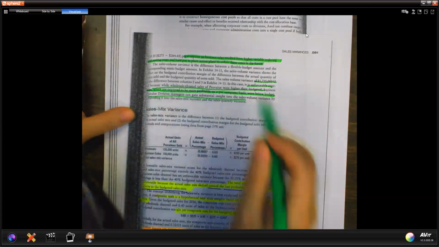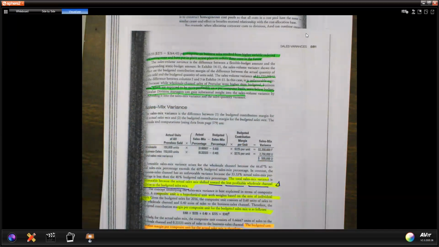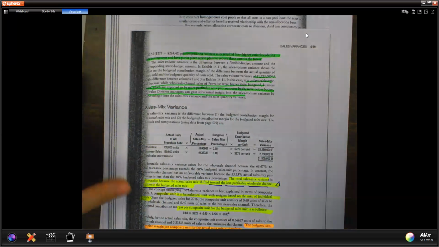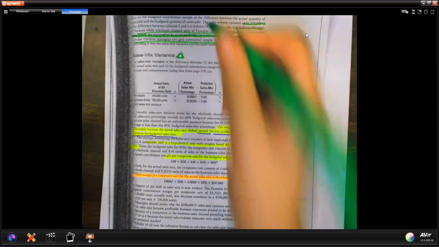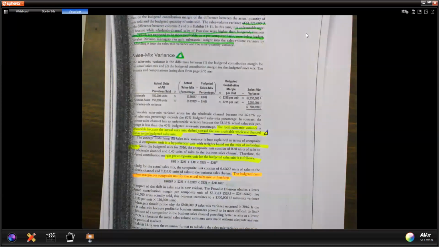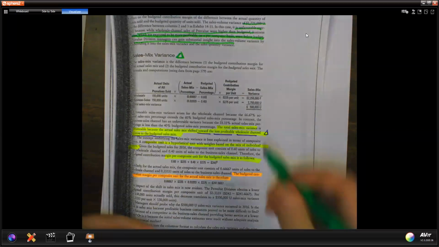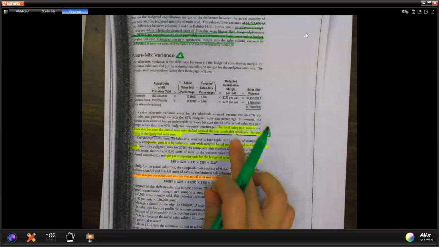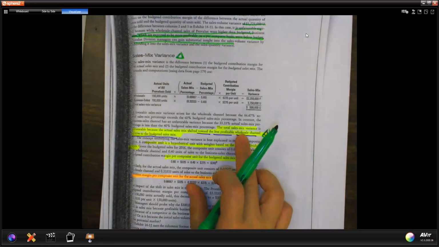And then we want to separate it into sales mix variance and sales quantity variance. So sales mix variance, this is definitely the main one. You have to know how to calculate it and how to interpret it. This is the part I highlighted. I want you to interpret it.